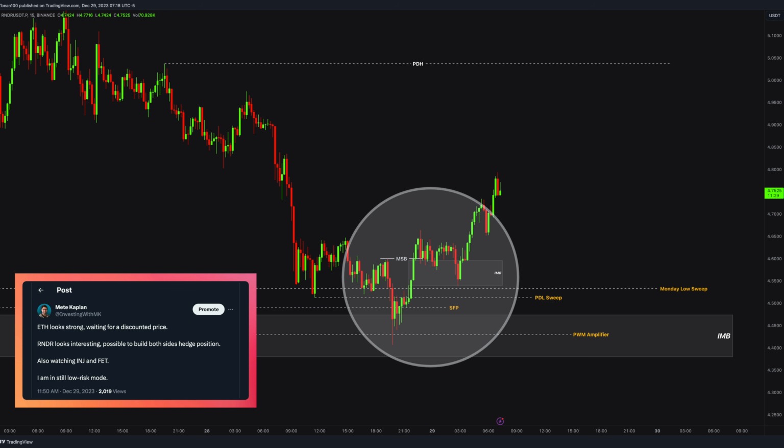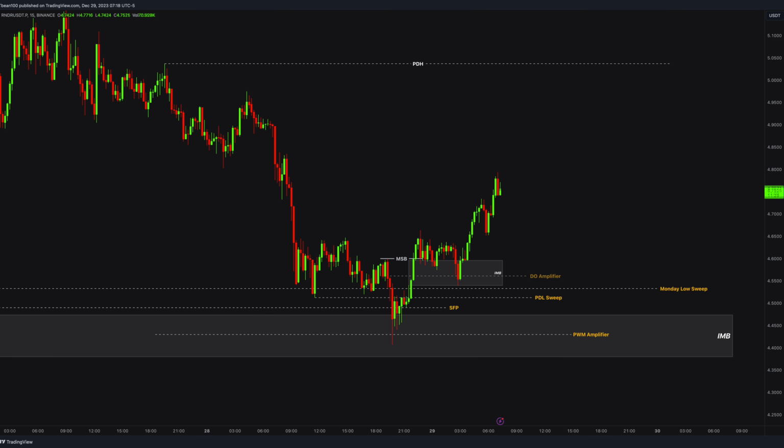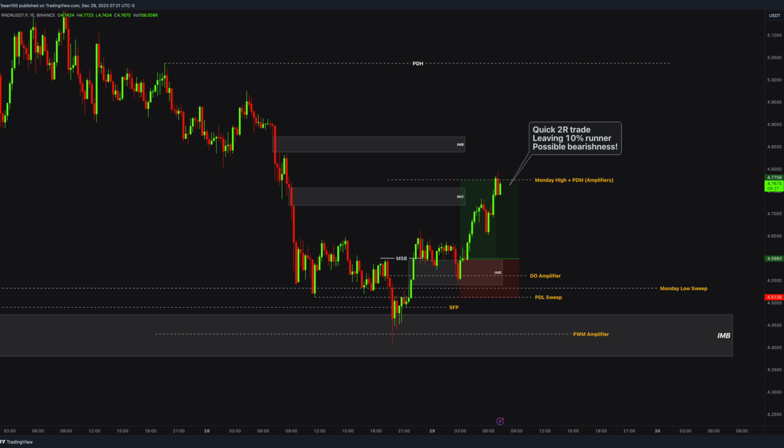First long it, then short it. I also noticed DO, a daily open amplifier, which intersects with the entry imbalance. As for targets, I had these open imbalances above, with Monday high and previous day EQ amplifiers.